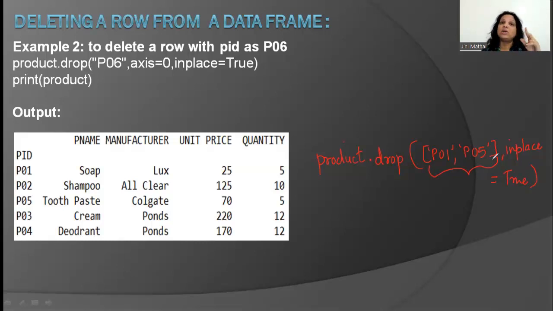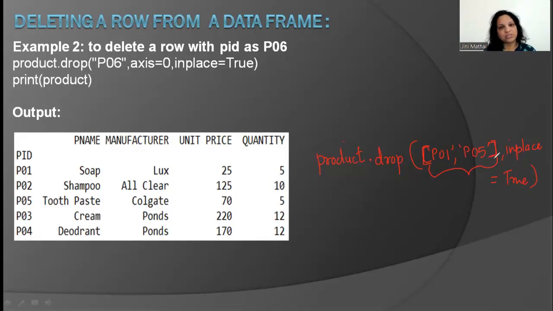When you have more than one column or more than one row to be specified, you will always specify it in square brackets. That means a list of row indexes or a list of column indexes. You might have noted I did not write the parameter called axis because by default axis is 0, so it's going to refer to a row itself.